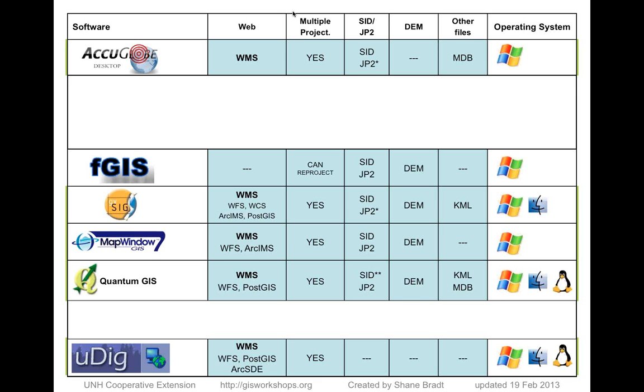So in the end, there's a couple of key things that knocked out several software packages. One was FGIS, because if it can't accept things on the web and it can't do multiple projections on the fly, this really wasn't something to suggest people invest a lot of time in. Part of the reason this is true is because FGIS, due to some licensing issues in the past, was frozen at the version in 2005.